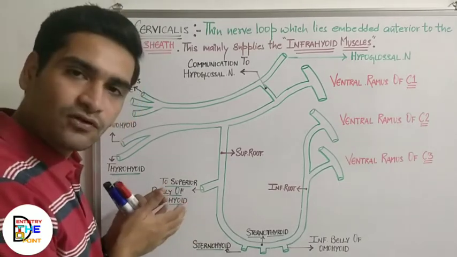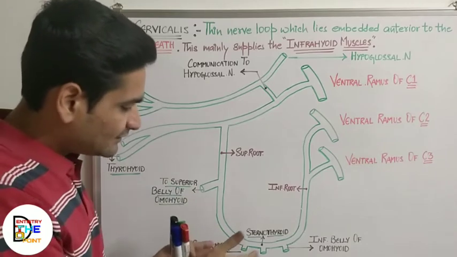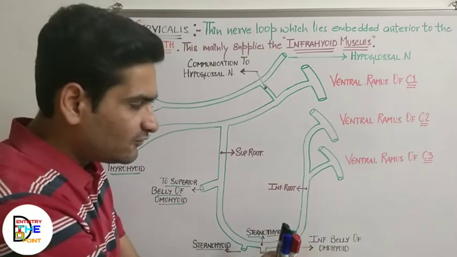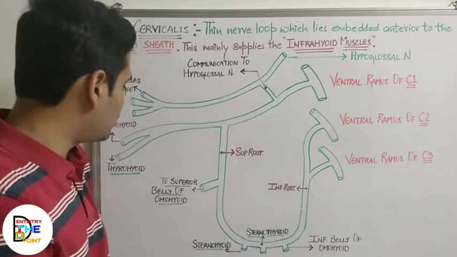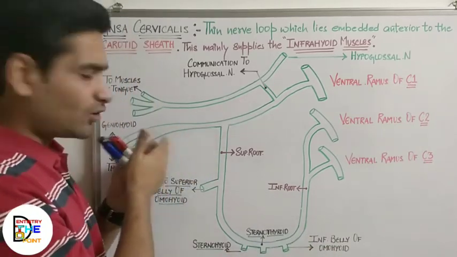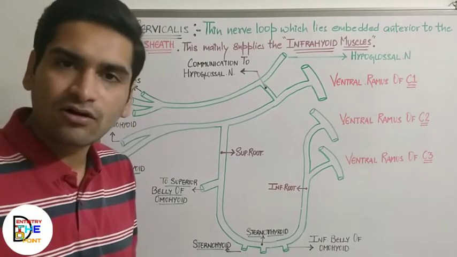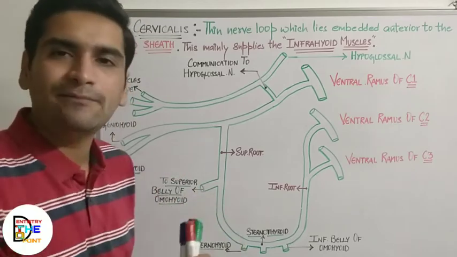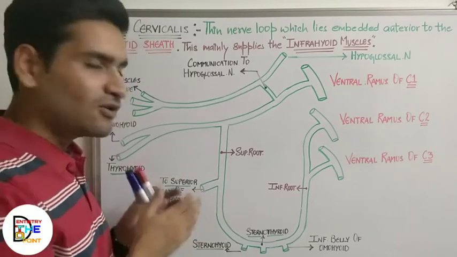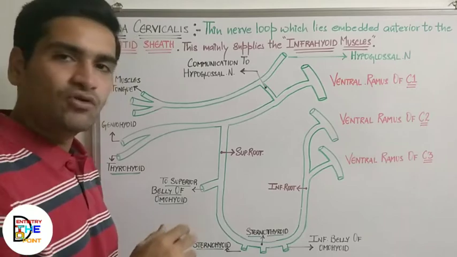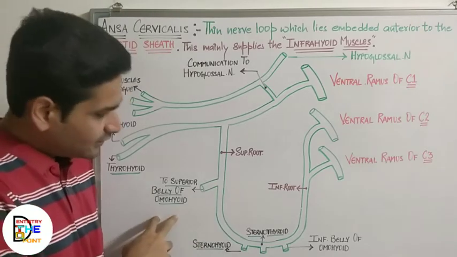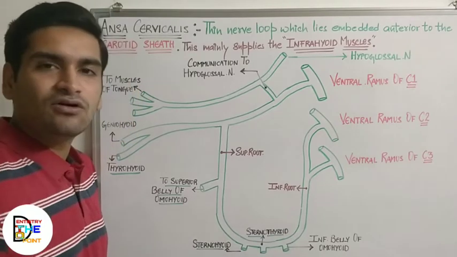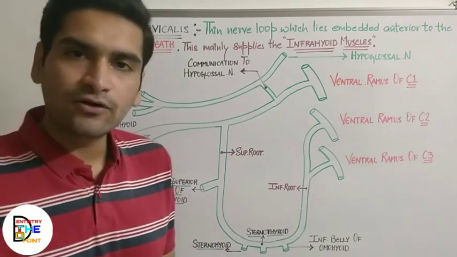The superior root is for the superior belly of omohyoid, the main Ansa cervicalis supplies the sternohyoid and sternothyroid, the inferior root supplies the inferior belly of omohyoid, and the main C1 is going to supply geniohyoid and thyrohyoid. So I have written 5 names of muscles which are supplied by Ansa cervicalis, among which 4 are the infrahyoid group of muscles: thyrohyoid, superior and inferior belly of omohyoid, sternohyoid and sternothyroid. These are the 4 infrahyoid group of muscles.